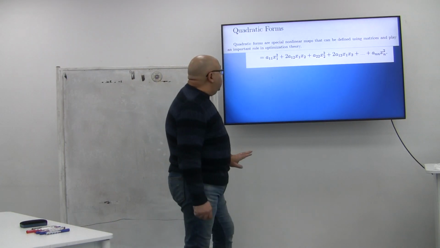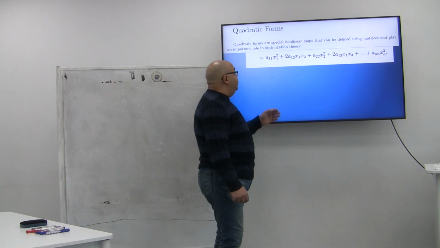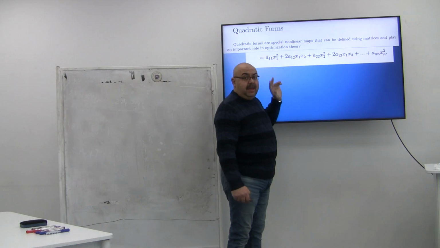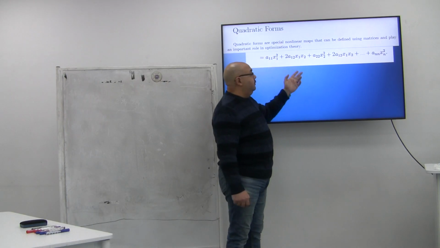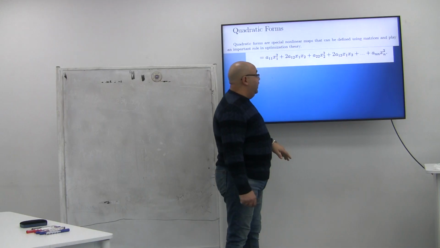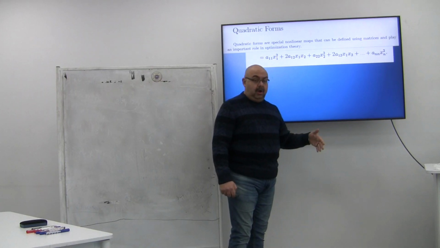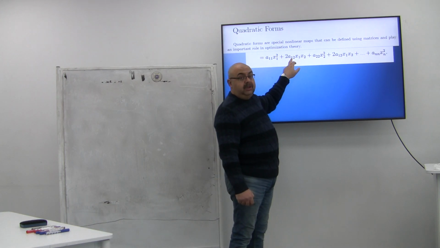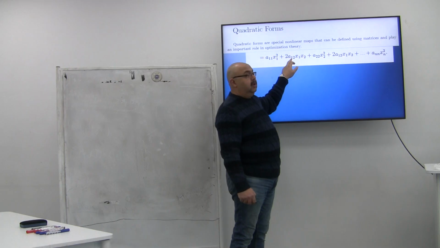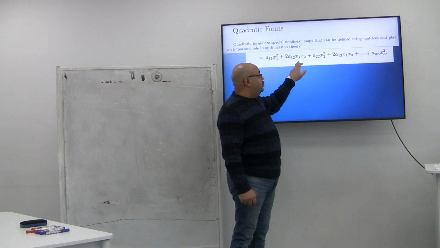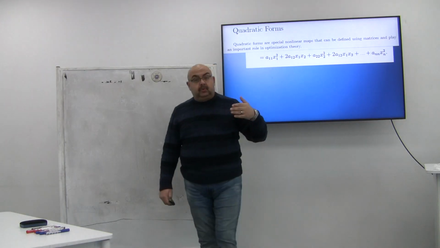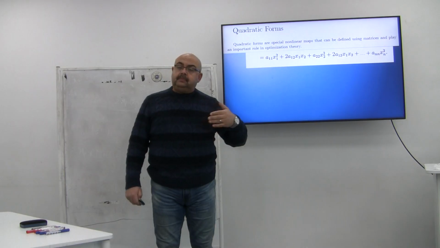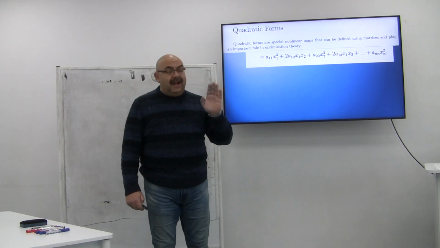By a quadratic form, we mean this part of a polynomial, which contains terms either to the power of 2 or terms multiplied by each other. If I have x1, x2, x3, and so on, I will have x1 squared, then a term with a coefficient of x1 and x2, a term with a coefficient of x1 and x3, and so on. Then I will have x2 to the power of 2, also terms like x2 times x1, and so on.